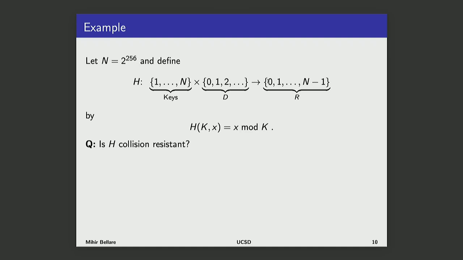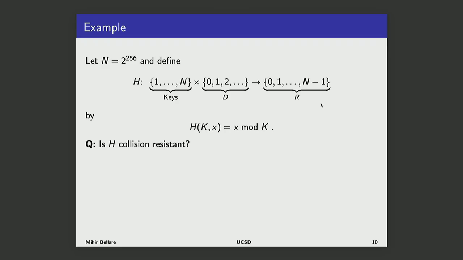And the range is numbers from 0 through n minus 1. And how is h of k and x defined? You take this input x and you just do a mod by k. It makes sense, k is a key in this range. So this is an integer, and when I take the mod, I'll get back something in this range. Okay, so that's a legitimate function family.